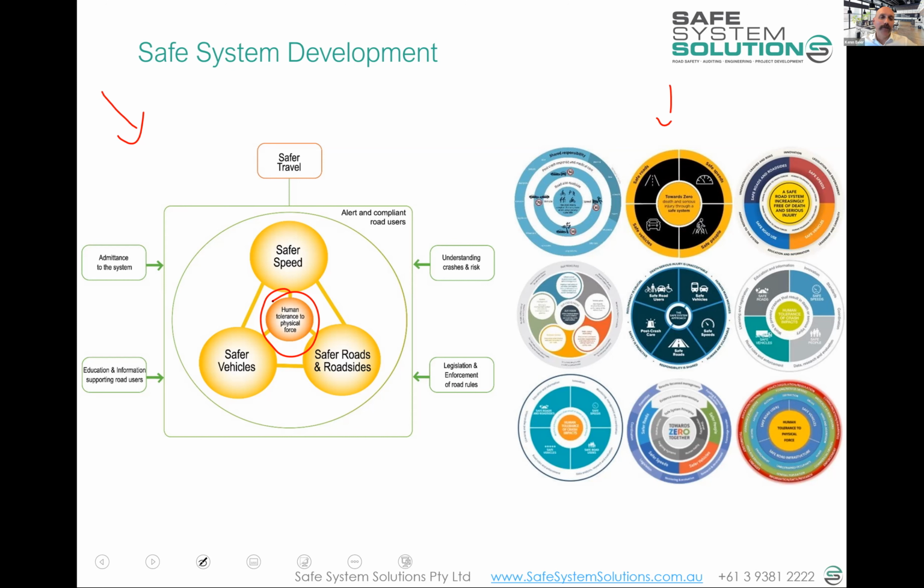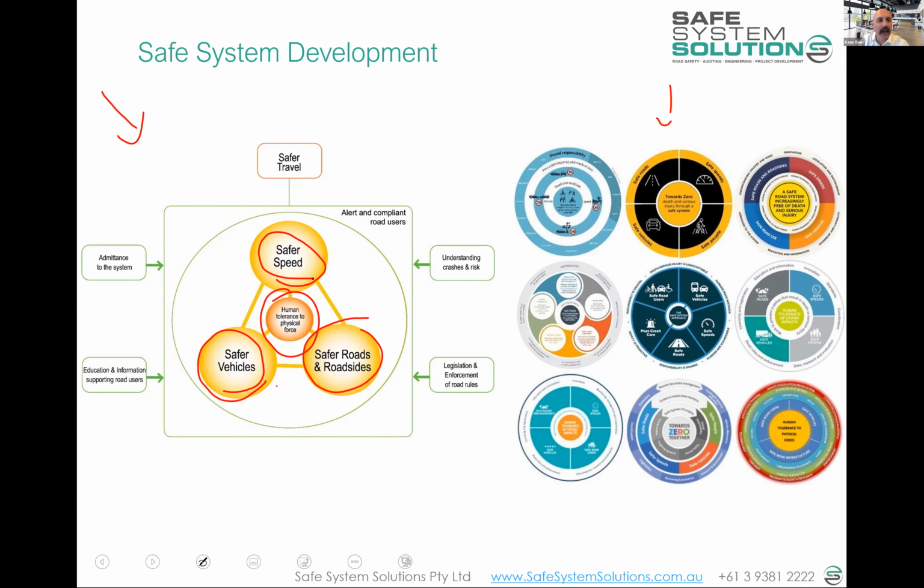And around that, we see these levers that we have to operate this system. Well, we've got the vehicles that are in the system, we've got the roads and the roadsides, and we've got the speed of travel. And that was it. That was the system. The circle was drawn around it, and they said, there you go, there's the safe system.